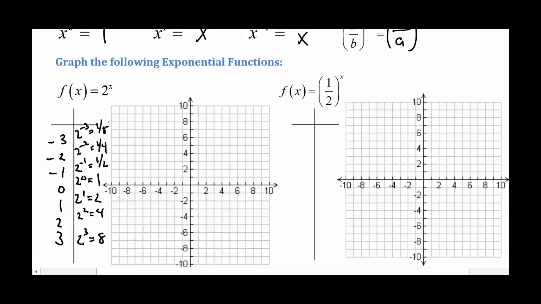Alright, so then I'm just going to plot the ordered pairs that I've generated so far. -3 and 1/8 is barely above the x-axis. -2, 1/4 is a little bit higher up, but still really close. -1, 1/2. 0, 1.